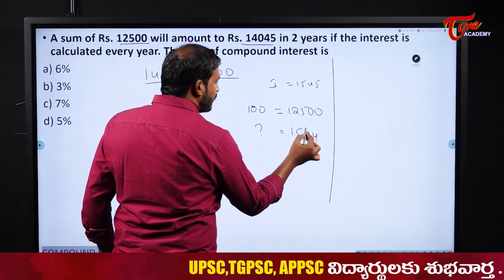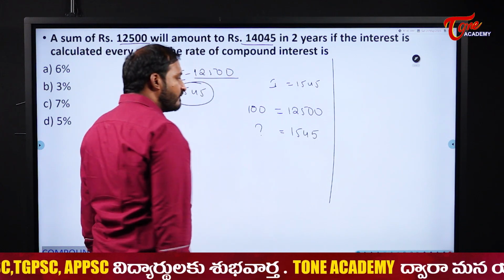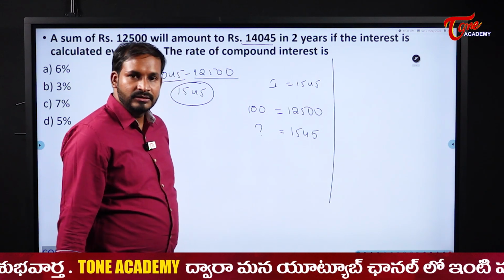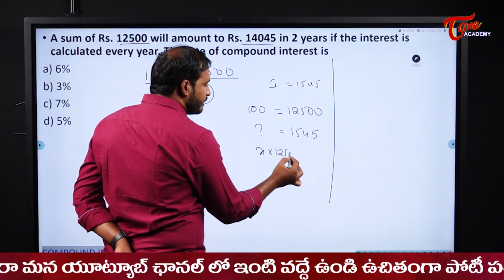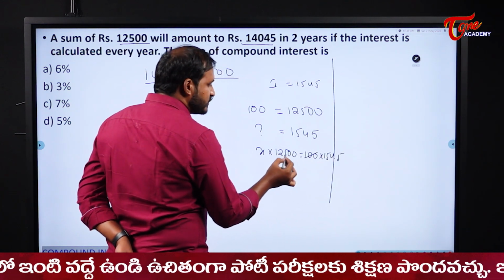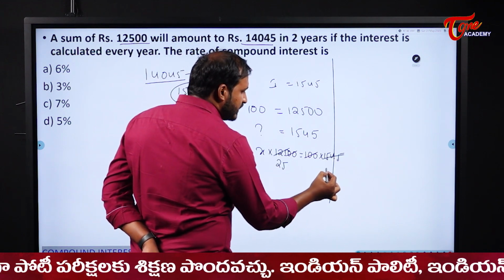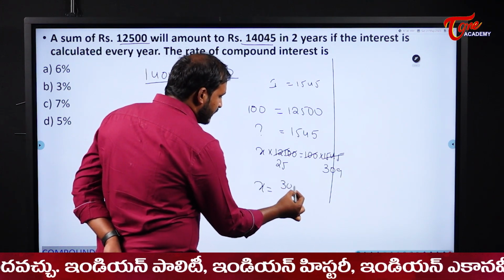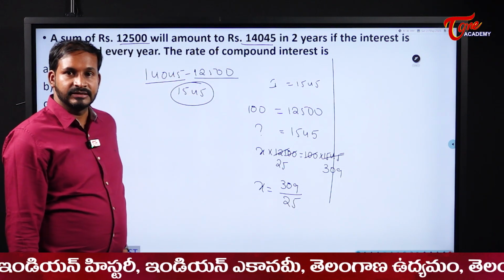This is 1545. What percentage will 1545 be here? Cross multiply it, students, and try to get this percentage. X into 12500 is equal to 100 into 1545. 2 zeros get cancelled. 5 table 5, 25s are 5, 3s are 0s are 9s are. So X value will become 309 by 25. This is how we are getting.